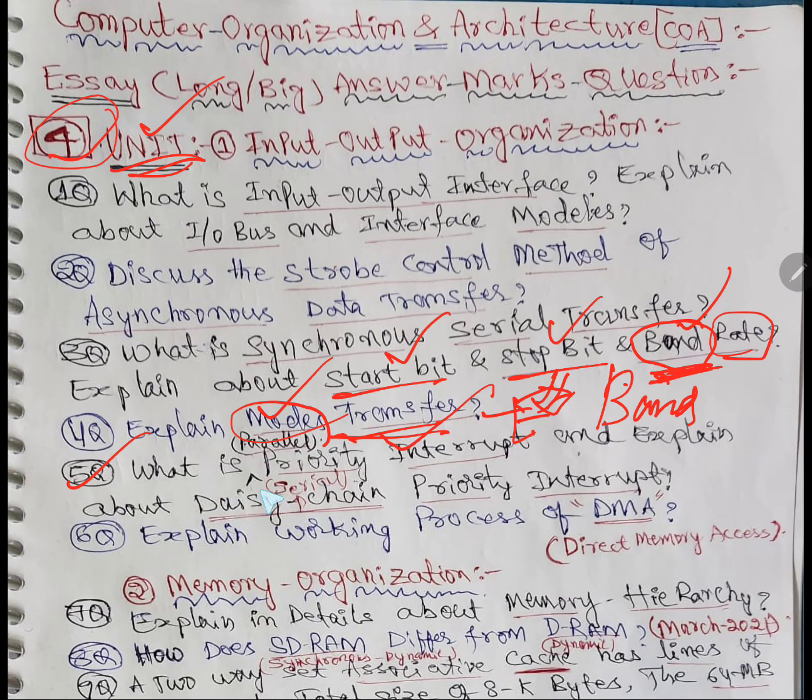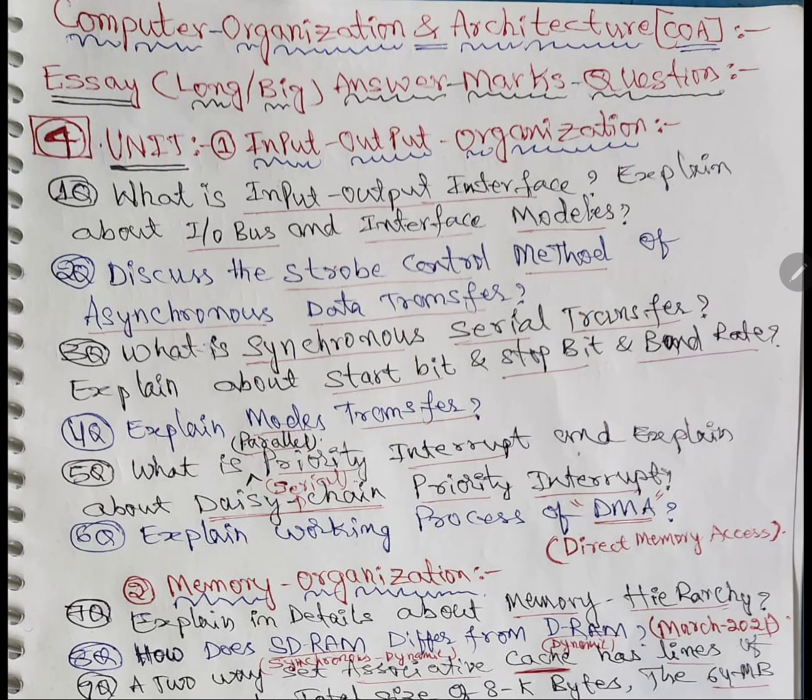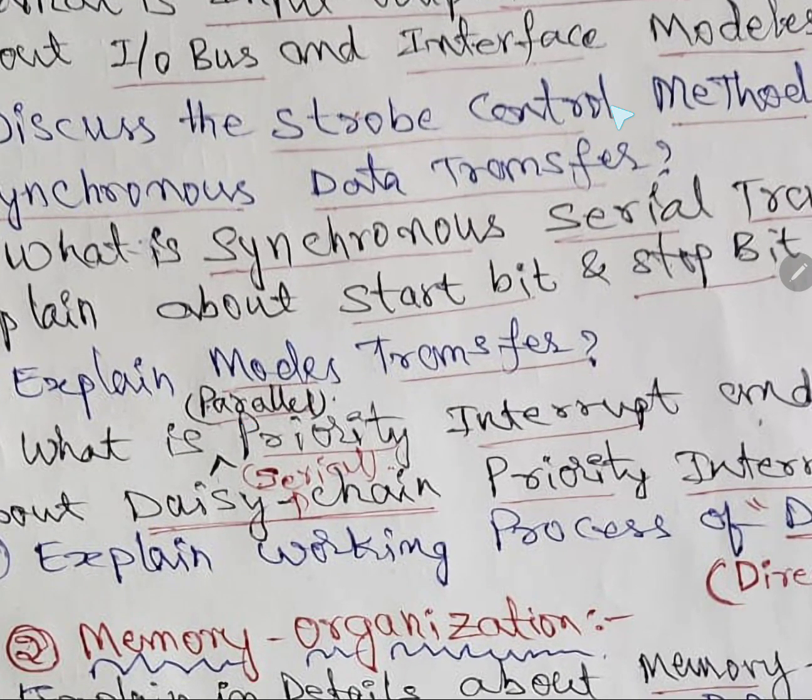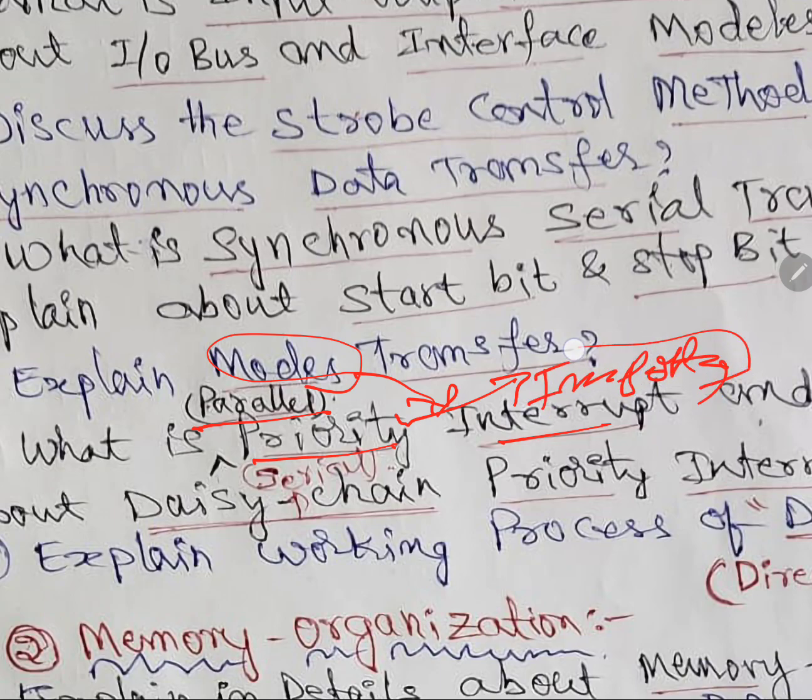Then the 5th question is, what is parallel priority interrupt? This is the second type of modes of transfer. Priority means importance; in our mother tongue we can say pramukhya.